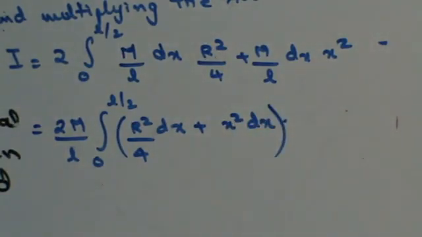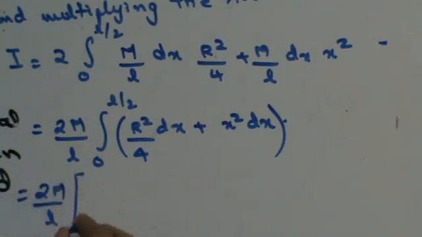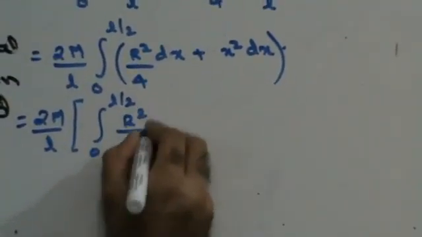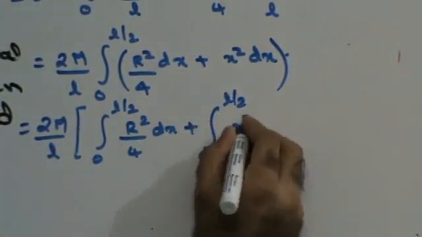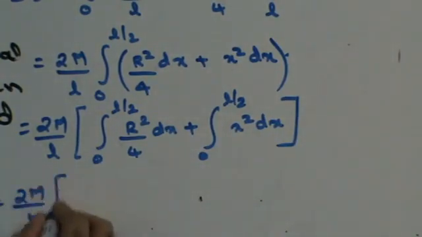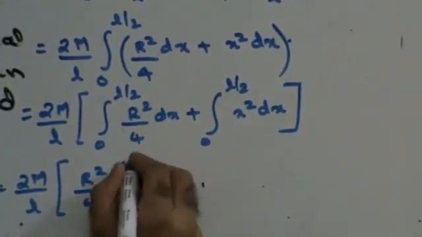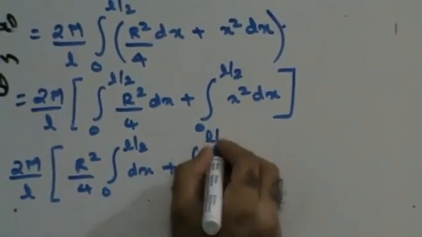Right? Split the integral. So this is 2m upon L, integral of 0 to L by 2 r square by 4 dx plus integral of 0 to L by 2 x square dx. Whatever is constant comes outside the integral, so this is 2m by L, r square by 4 integral of 0 to L by 2 dx plus integral of 0 to L by 2 x square dx.